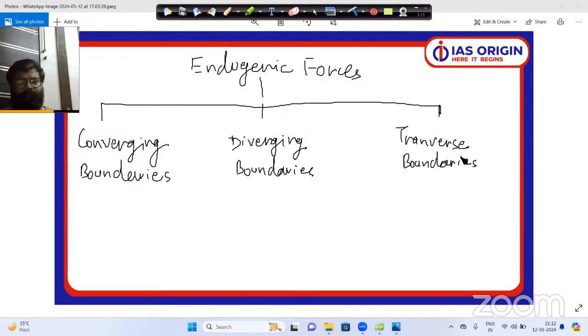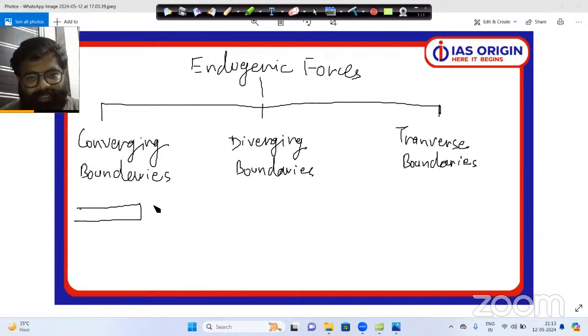And the third type of boundary is that kind of scenario where two plates are moving parallel along each other, they are touching each other, they are kind of cracking each other also, but they are not in contact 100%. So this is what we call your transverse boundaries. Now please understand this scenario. If this is your one plate and this is your second plate, and these plates are coming together like this, this is what we call converging boundaries.